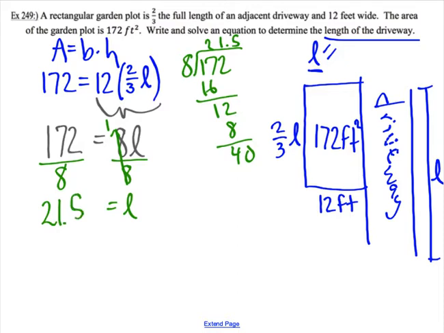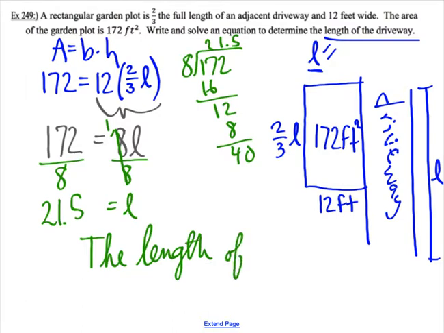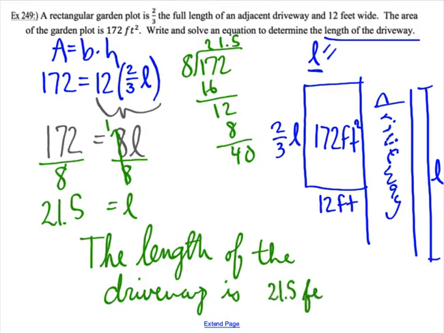So the answer is the length of the driveway is 21.5 feet. Okay, the length of the driveway is 21.5 feet.